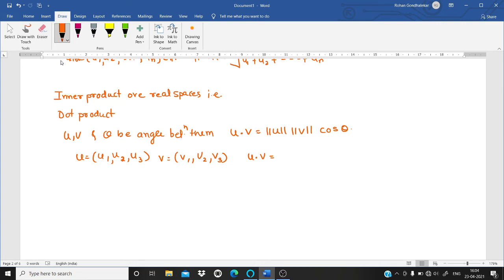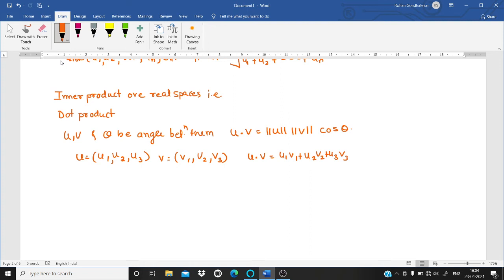Is it? But if I want the actual calculation formula for the dot product, every time it is not necessarily you know the angle between the two vectors, that is theta. So in that case, u dot v will be given as u1 v1 plus u2 v2 plus u3 v3. It provides me the expected dot product. Similarly, you can restrict this dot product to the two-dimensional vector space, that is u1 u2 v1 v2.